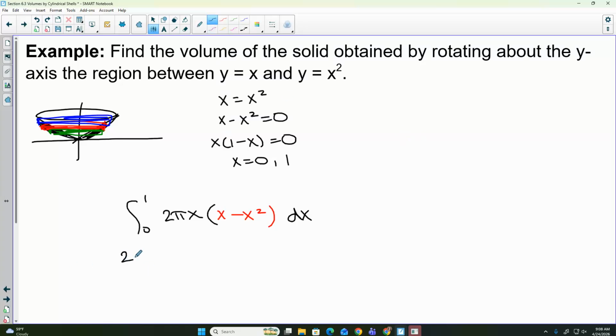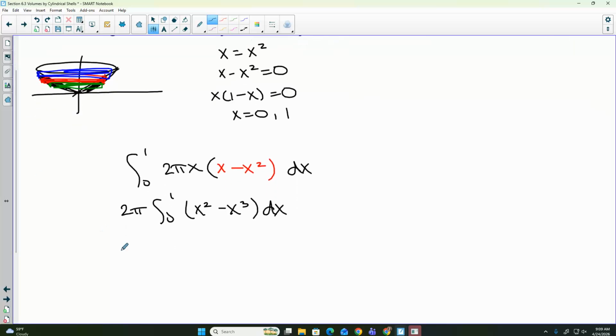So we could take out our 2 pi. 1/3 of x squared is 1/3 x cubed minus 1/4 x to the 4.